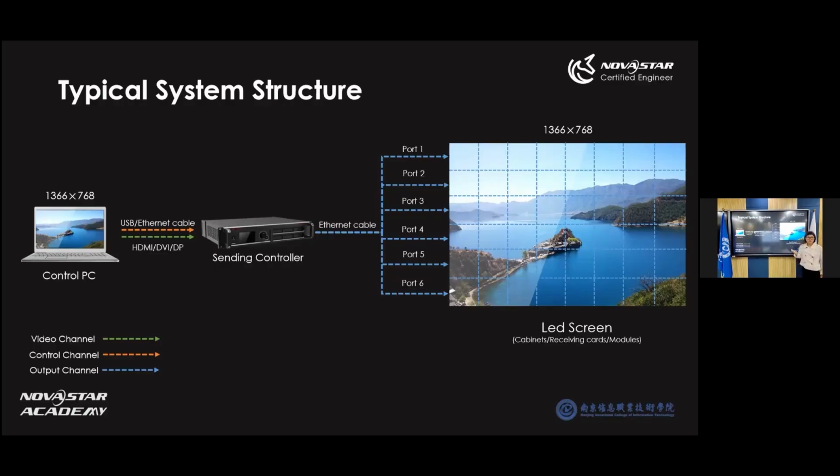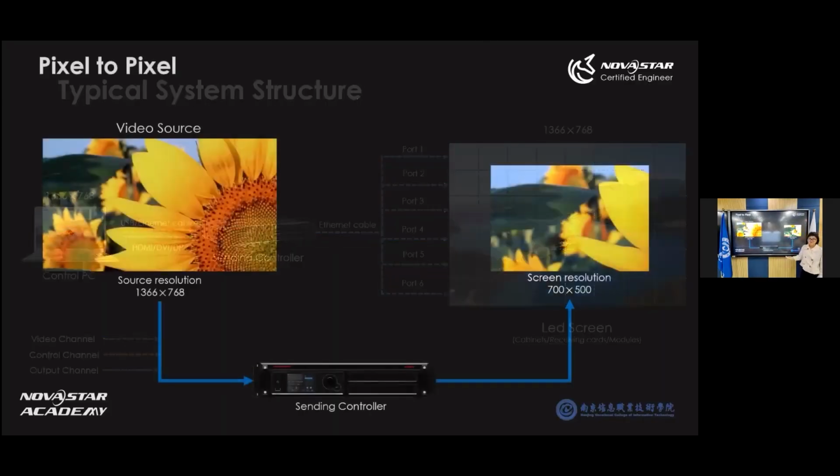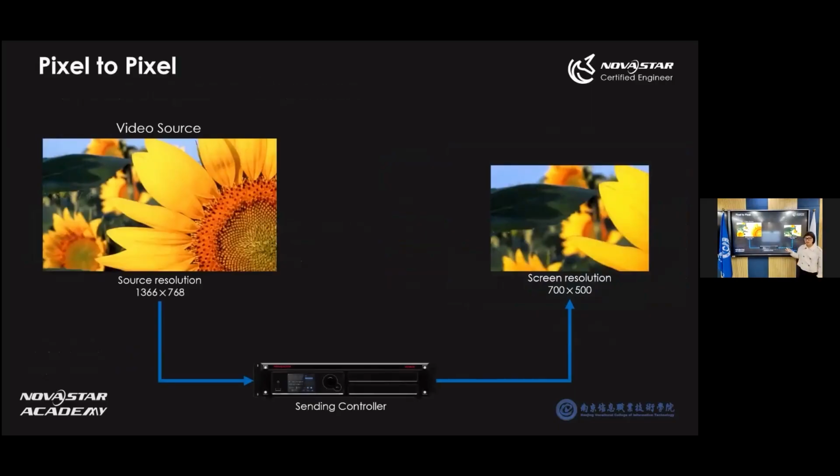But please note here, the video source resolution must be exactly the same as the LED screen resolution. What if it is different? Well, mostly the source resolution is different from the screen resolution. Here we can see the video source resolution is 1366 by 768, while the screen resolution is 700 by 500.